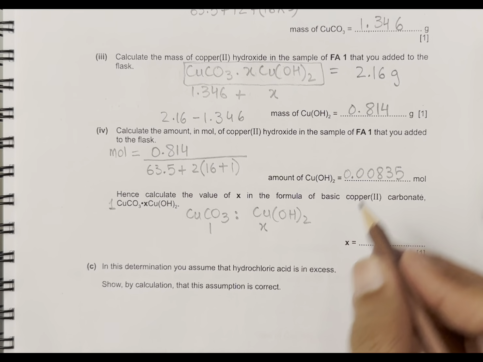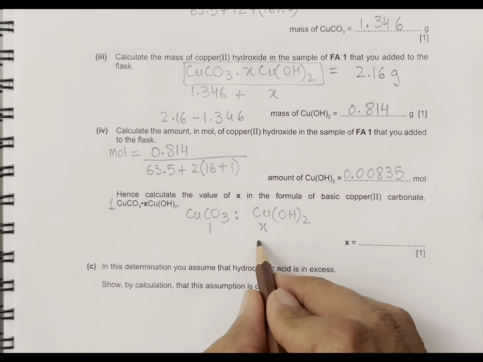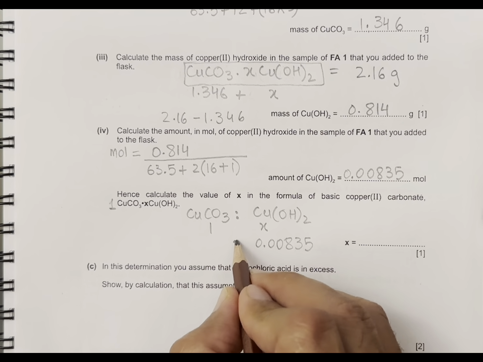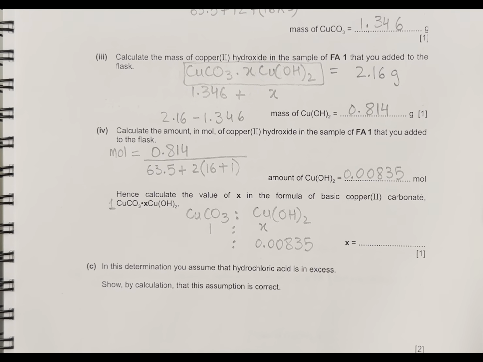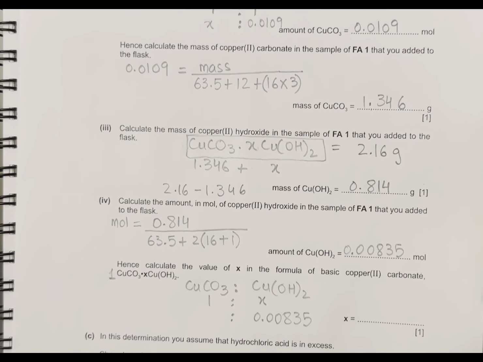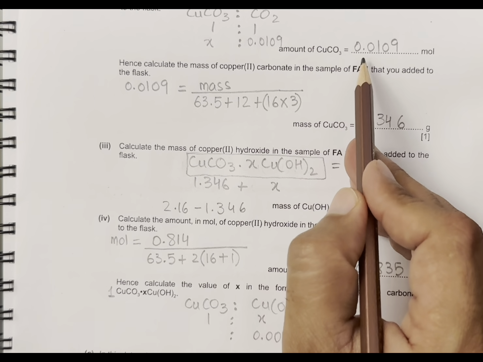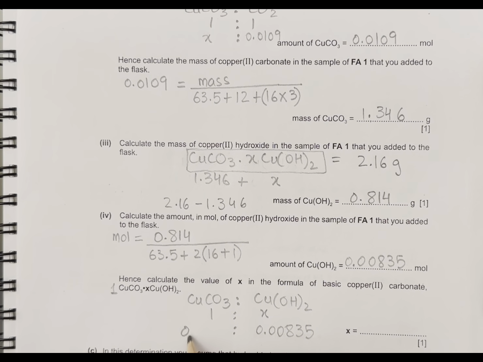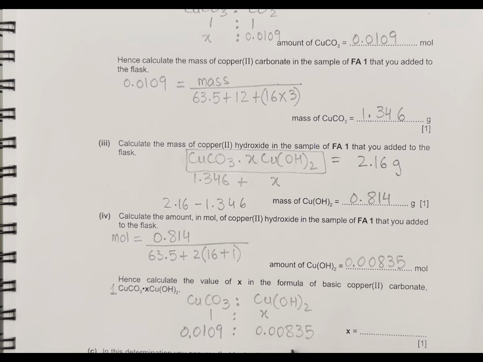So the calculated moles above we got are 0.00835 for copper(II) hydroxide, and the copper(II) carbonate moles we calculated in the first part was 0.0109. So here, we can calculate the x. Now the x here is 0.766, which is approximately equal to 1. So the value of x here is 1.